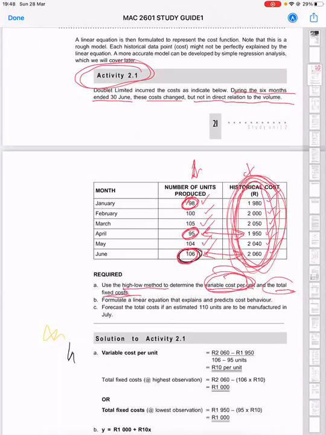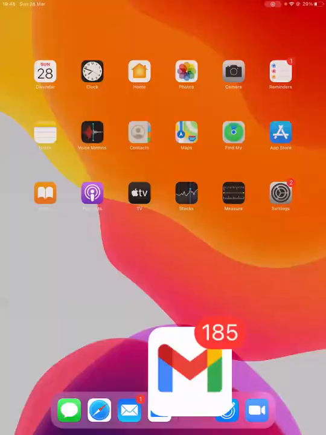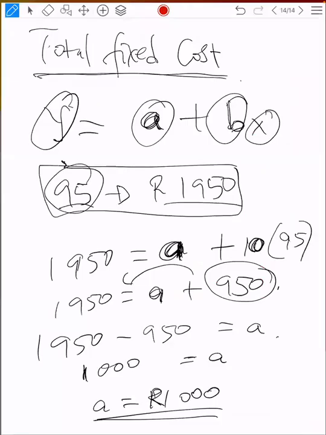I can go on to say now, let's go and answer B. B, it says, formulate the linear equation that explains and predicts the cost behavior. Now, what we do is we are simply going to substitute there. We know that Y is equal to A plus BX, right?